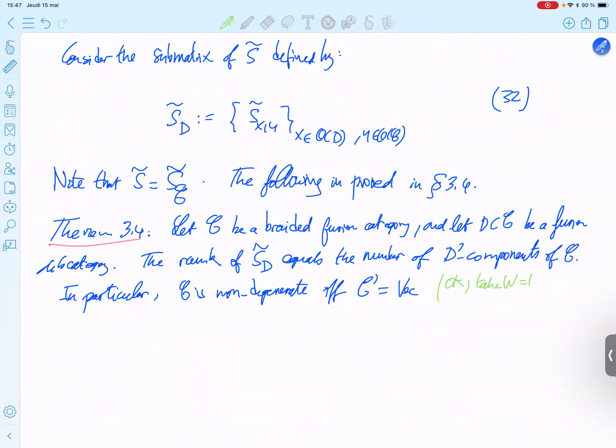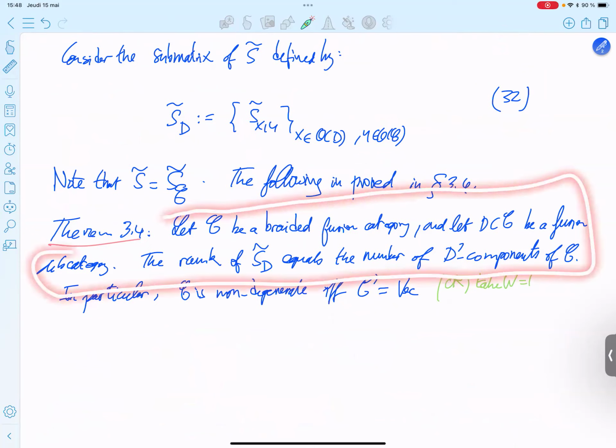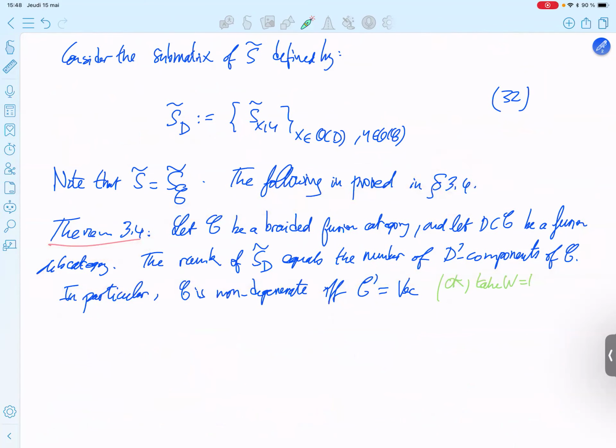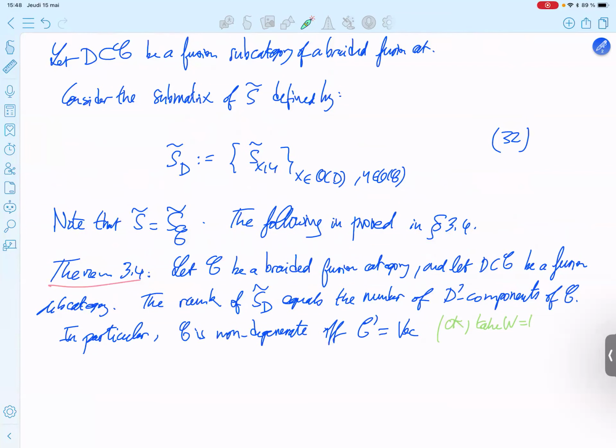Okay, so let me think. Here we assume this sentence that will be proved in this section. In particular, you can take D equals C. So what is the point? The number of D components, the rank.